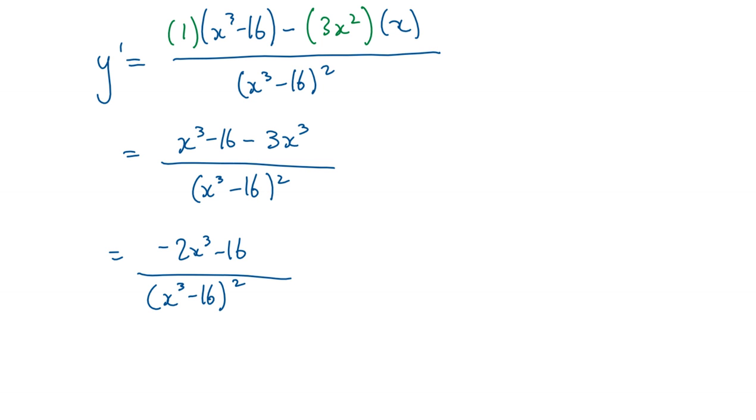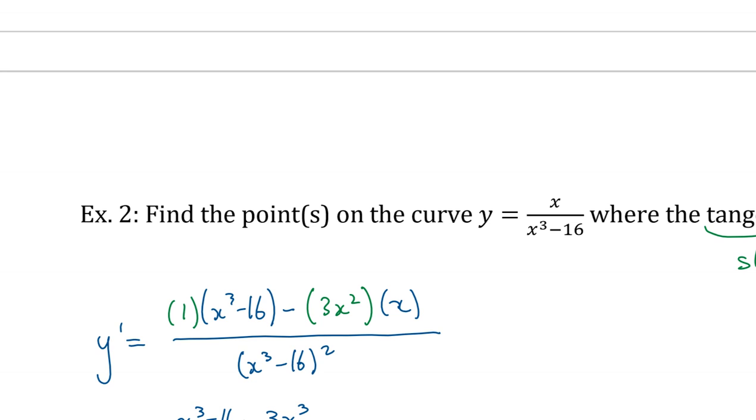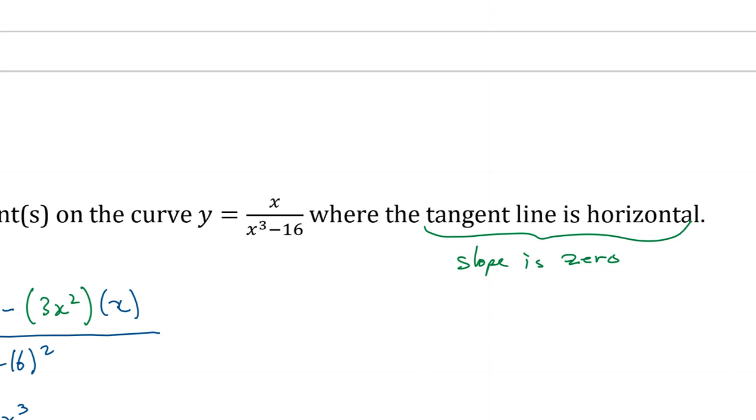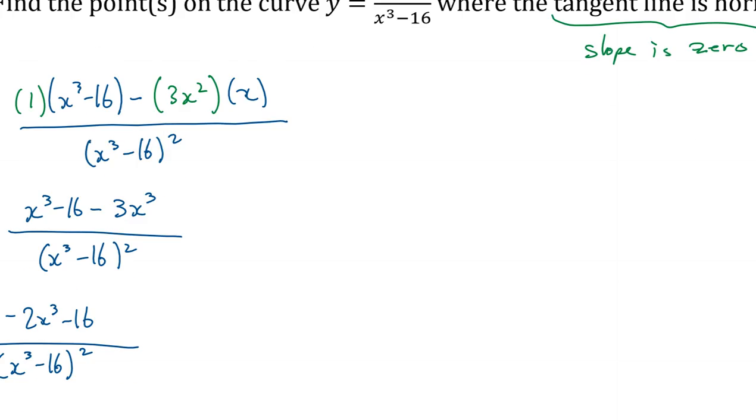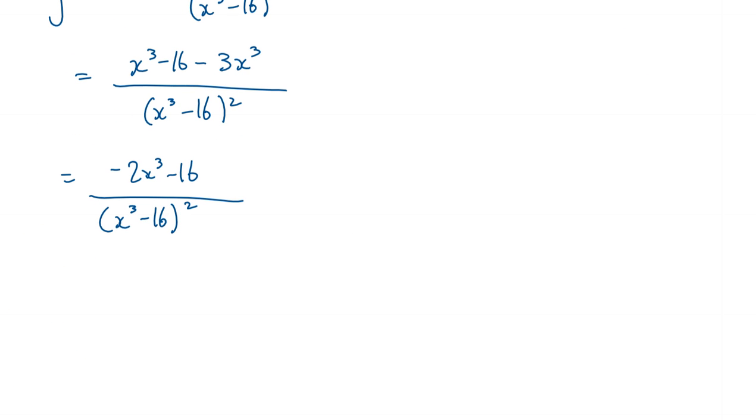Anybody? Megan? So we set that equal to 0 because we're trying to determine where this function has a horizontal tangent line, or in other words, the slope of the tangent is 0, is where this expression will equal 0.